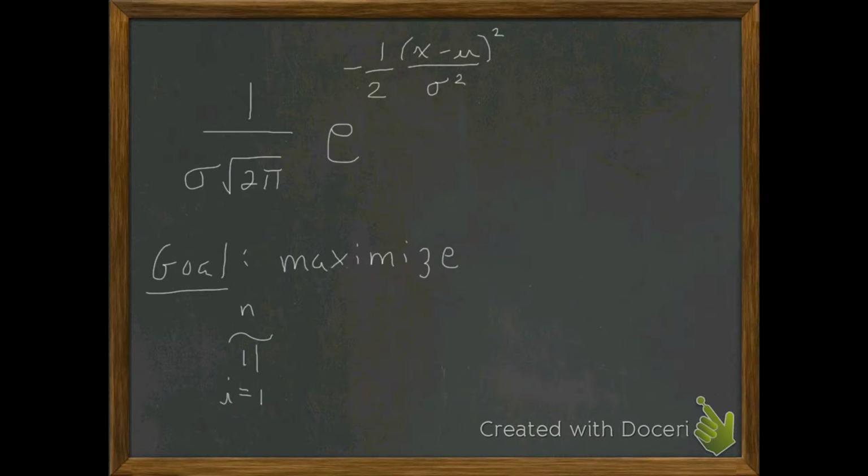So we want to maximize the product of 1 over, and I'm going to rewrite this a little bit, this. Every bit of that is in the exponent.